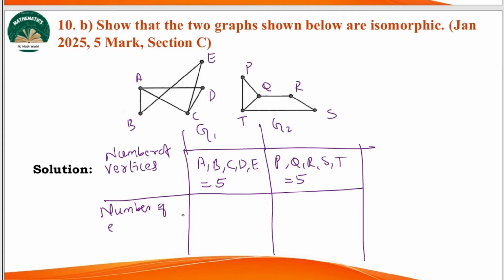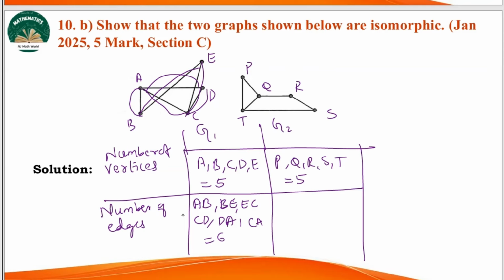Here we have the edge A to B, then B to E, then E to C, then C to D, then D to A, and then C to A. So we have 1, 2, 3, 4, 5, 6.